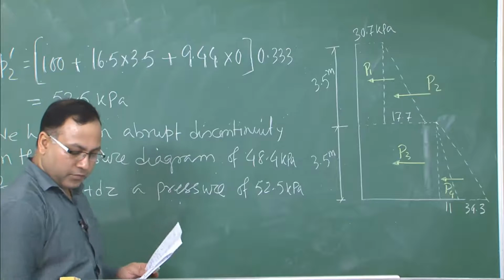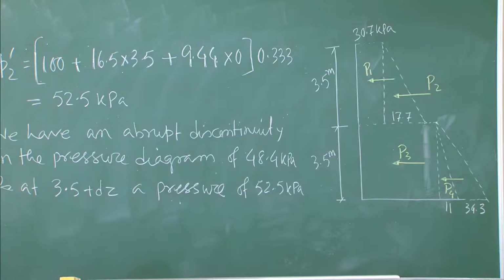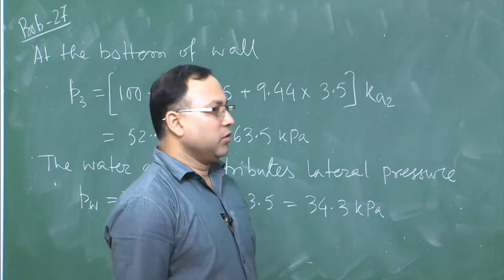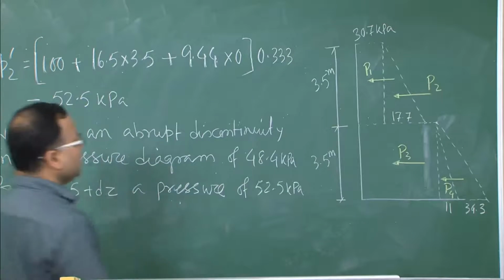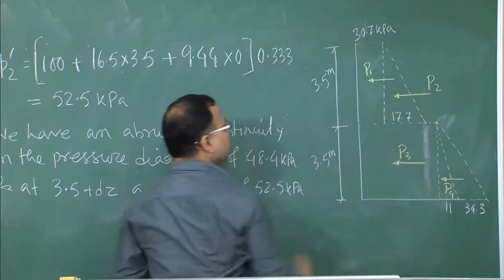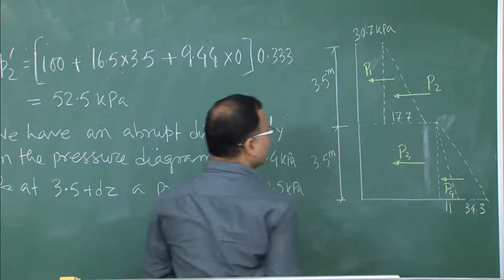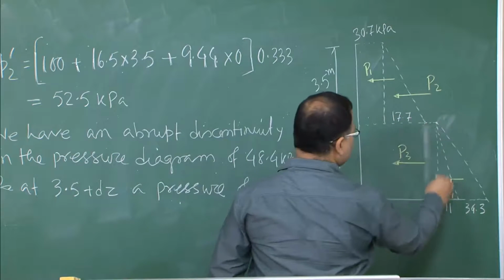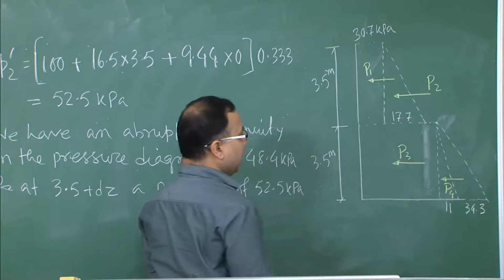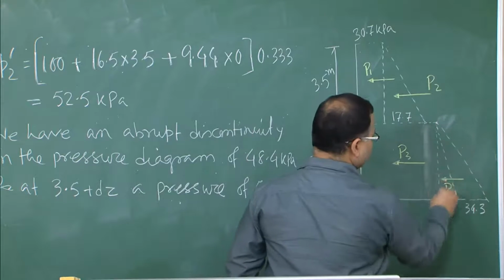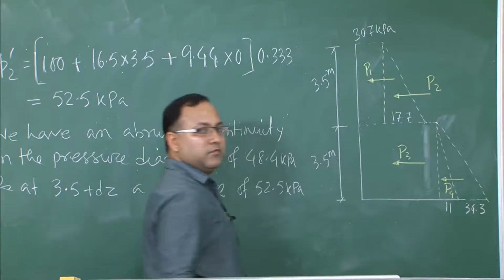Okay. So, now if I calculate P1, P2, P3 and P4, P1 is nothing but the area under this rectangle, P2 is the area under this triangle, P3 is the area under this rectangle, and P4 is the area under this whole triangle.